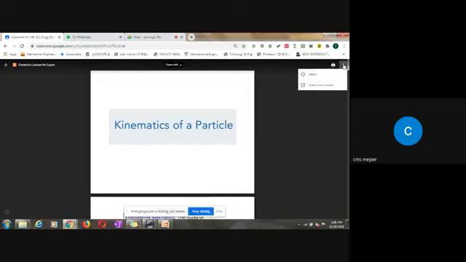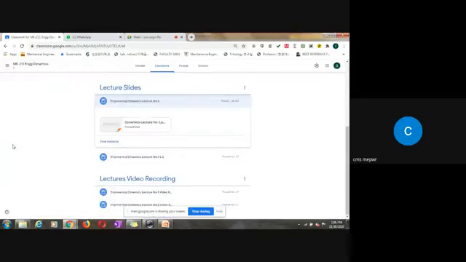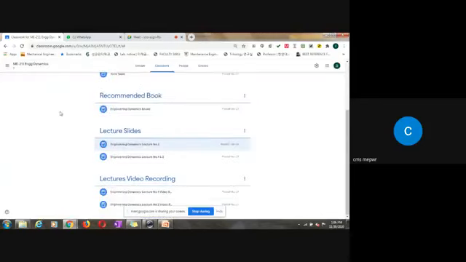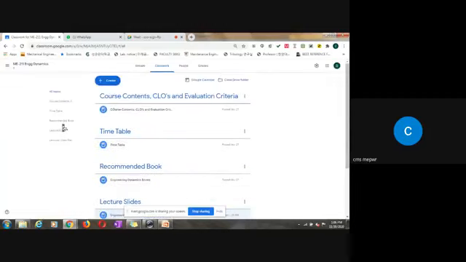If you want to download it, open a new window and you will get the download sign over here. This is just to let you know that our Google Classroom is maintained, and if you want any data, you can get it from here. Your assignments, quizzes, and material related to midterm, final term, or the course, everything will be uploaded over here.